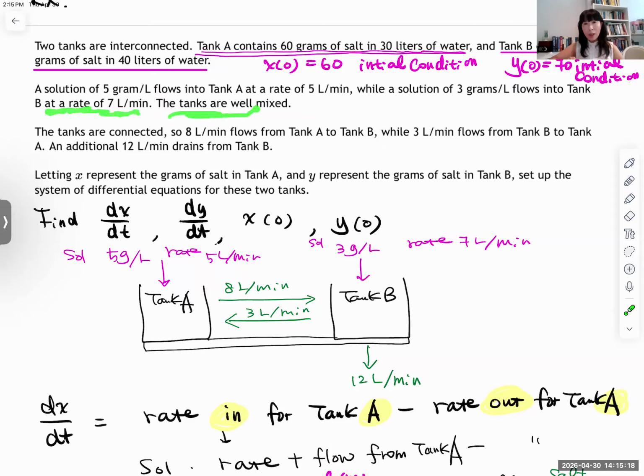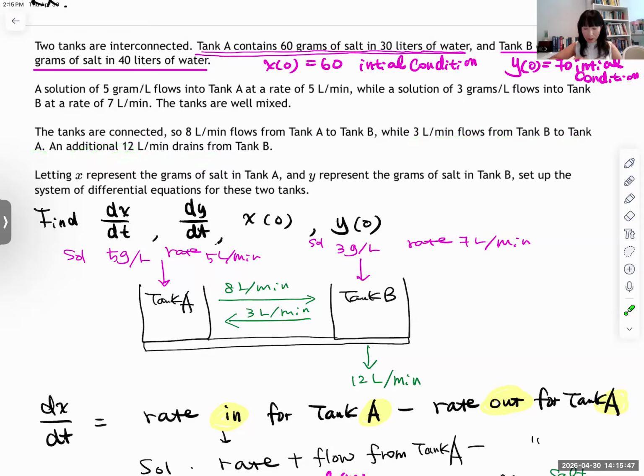They are well mixed. The tanks are connected, so 8 liters per minute flows from tank A to tank B, while 3 liters per minute flows from tank B to tank A. An additional 12 liters per minute drains from tank B.